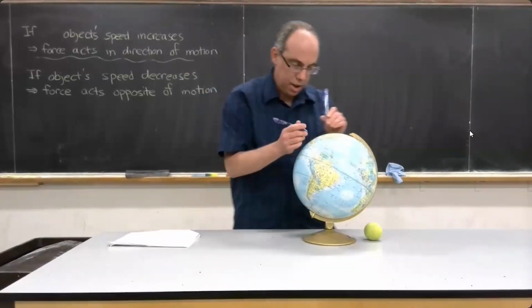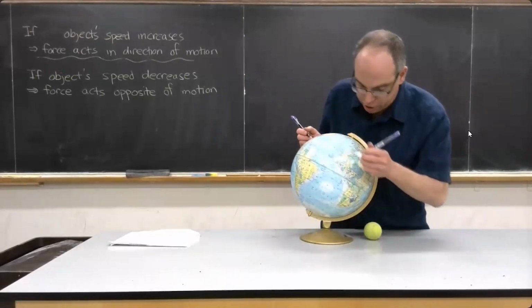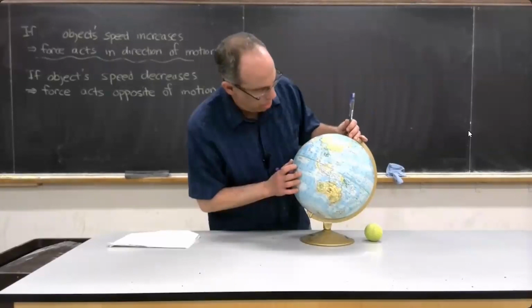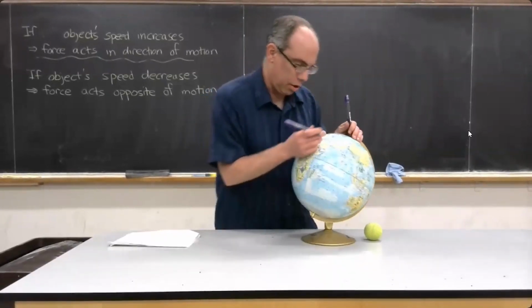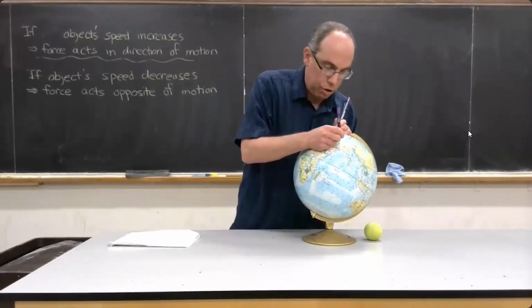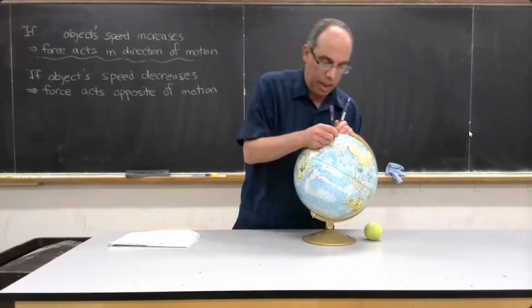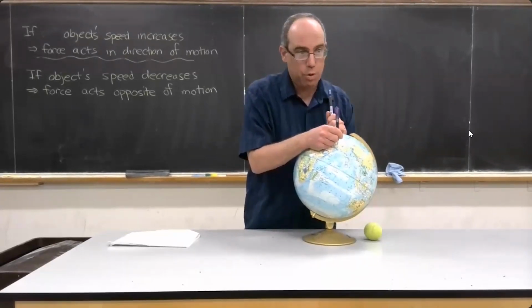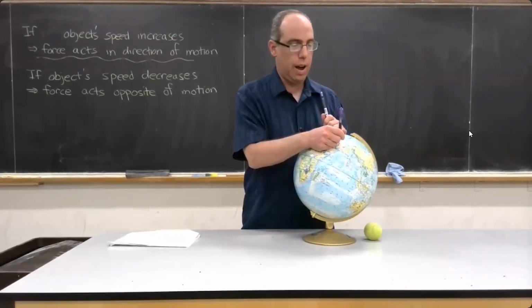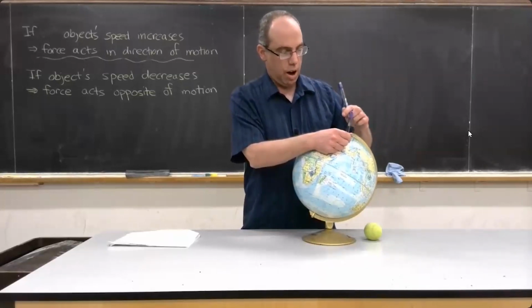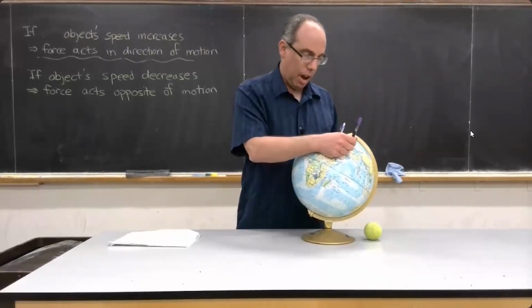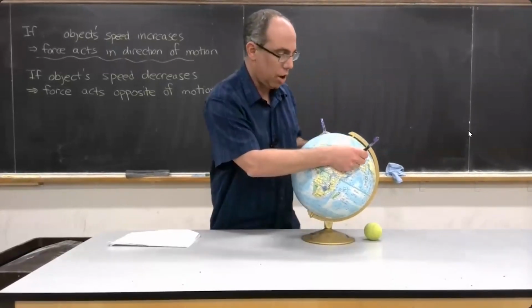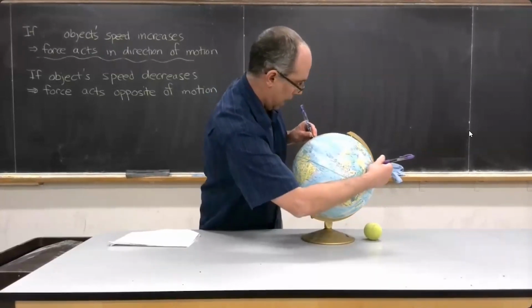Yesterday in class, there was a student who told me she had been to Tehran. And in Tehran, it turns out that if you drop an object, it moves towards the ground, getting faster as it moves towards the ground. In other words, an object in Tehran experiences a force in that direction. Now, I wish I could hold all these different pens and pencils indicating all the different directions, but I only have two hands.